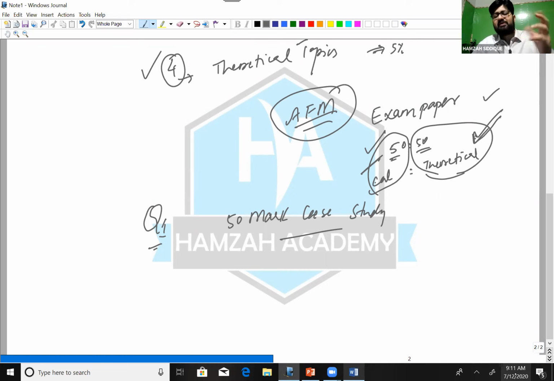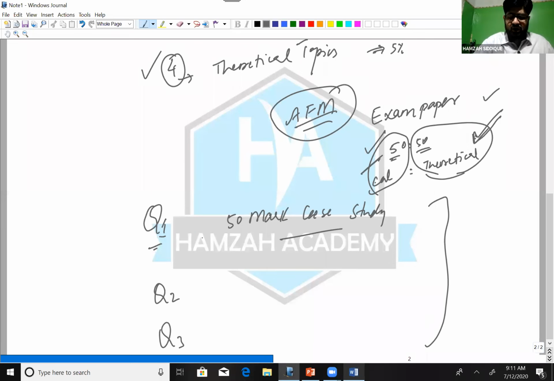So, a mixture like that. Questions 2 and 3 are most likely to be focused on one area. But remember, we cannot say which pattern the examiner will follow, whether mergers and acquisitions, risk or investment appraisal. We cannot say which question will test what.